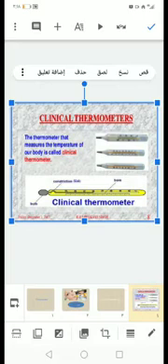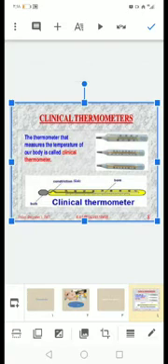At the end of this narrow tube inside the glass tube, there is something called a constriction. What is the meaning of constriction? Constriction means reducing. We will talk about its function after a short time.